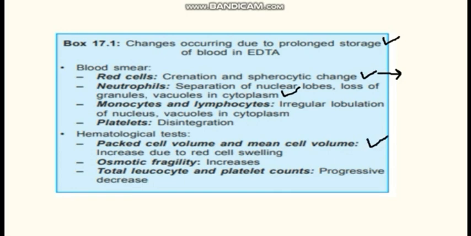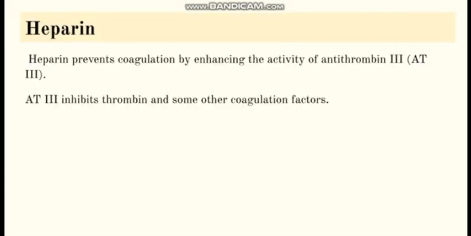Next we see some features of heparin and warfarin. First, some information about heparin. The chemical nature of heparin is a sulfated polysaccharide of D-glucosamine and D-glucuronic acid, and it is electronegative in nature.